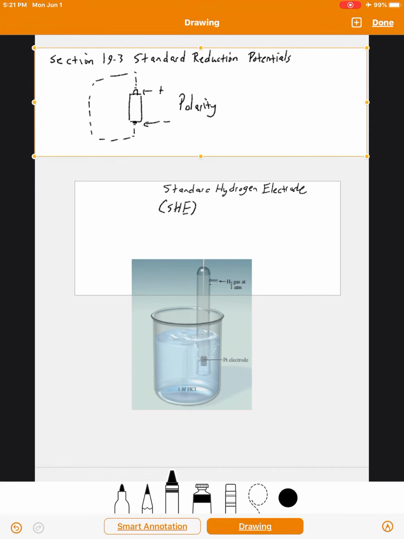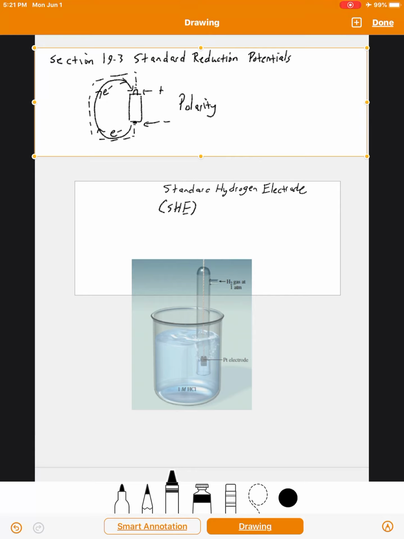Essentially what we could claim is that the electrons are flowing through this wire out of the battery and then back into the battery from the negative to the positive. So there's a directionality to that, right? The electrons are flowing in a particular direction. Okay, and that's called polarity. There's positive and there's negative.